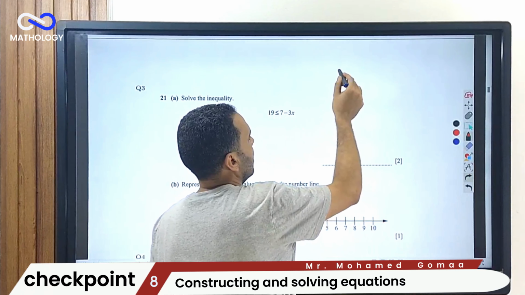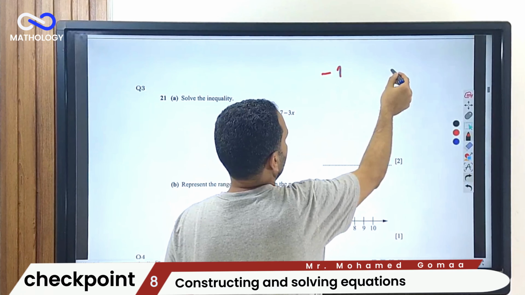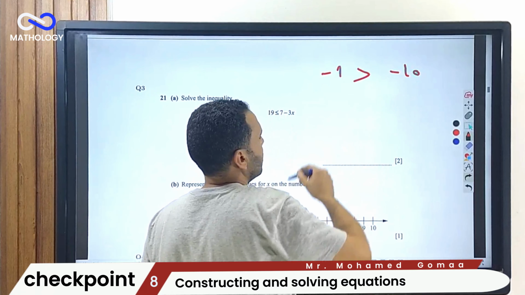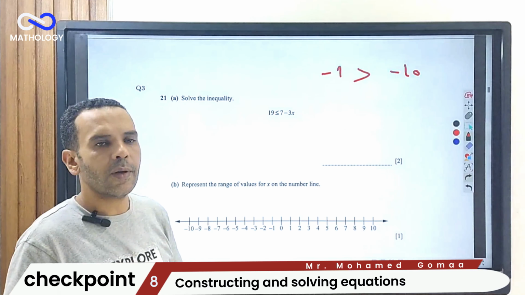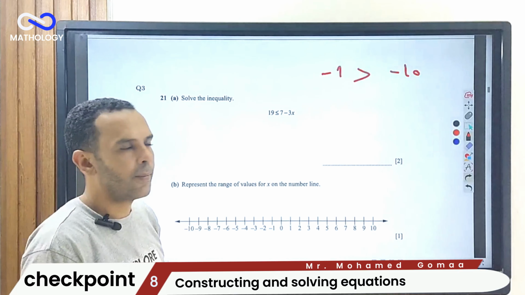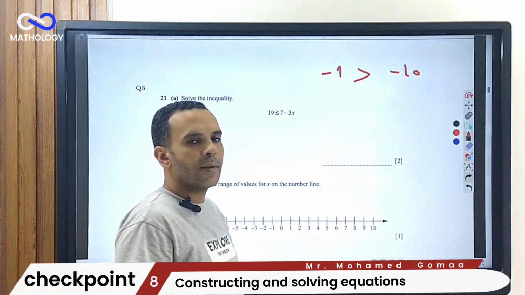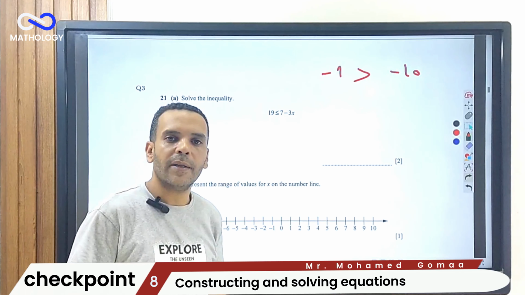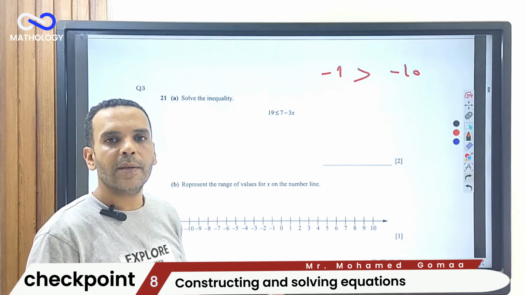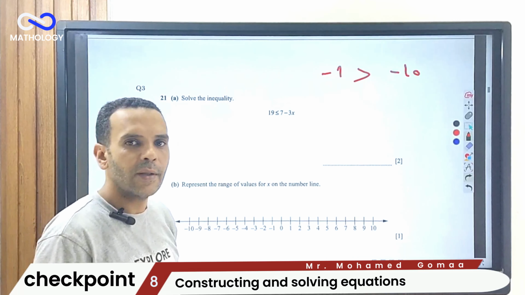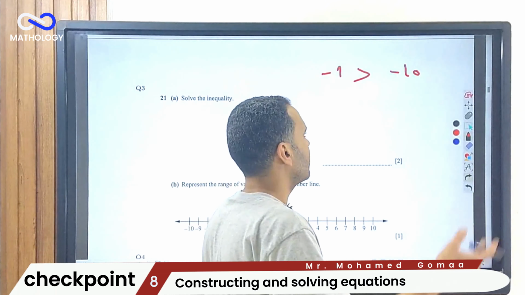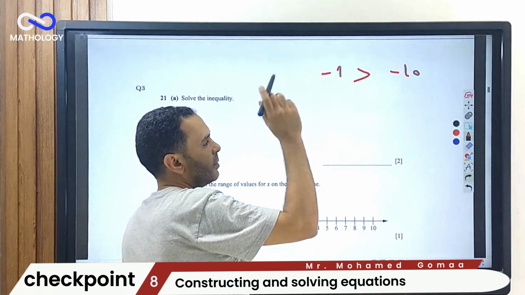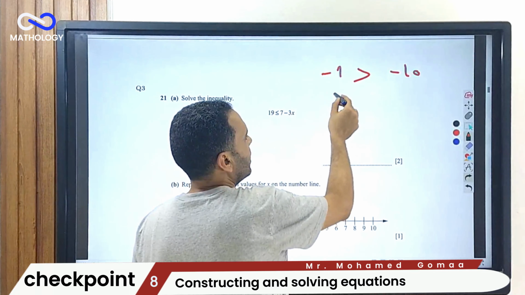if I ask you about negative 1 and negative 10, which one is greater? You will say -1, -1 is greater than -10. Okay, try to multiply or divide both sides of this inequality by any negative number, like -1. Divide by -1 here, it will be 1.